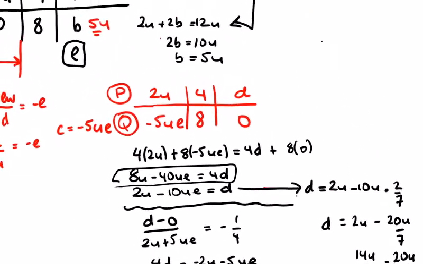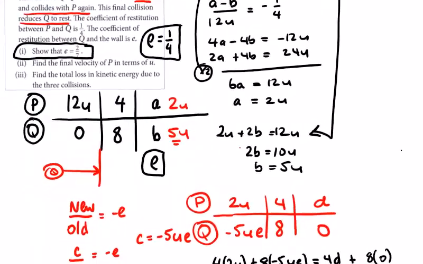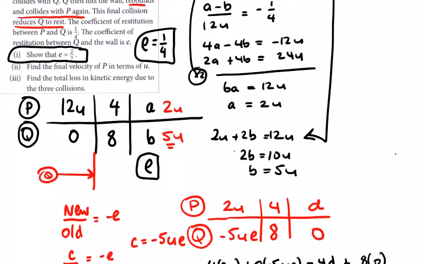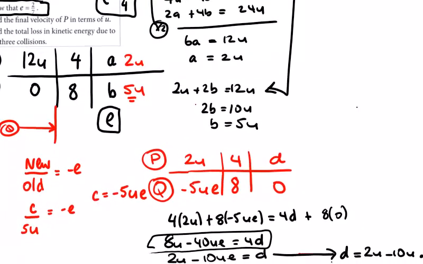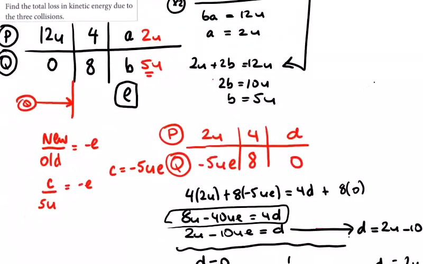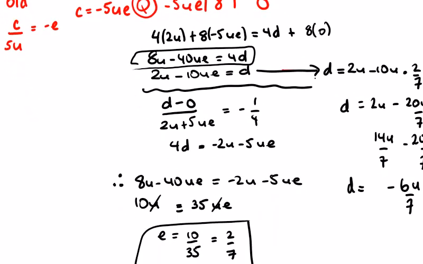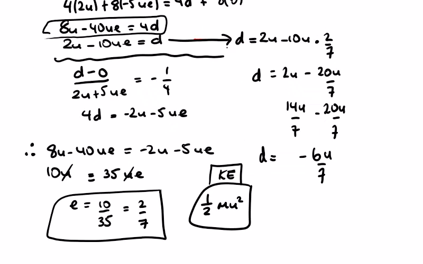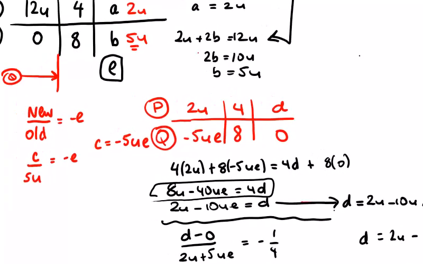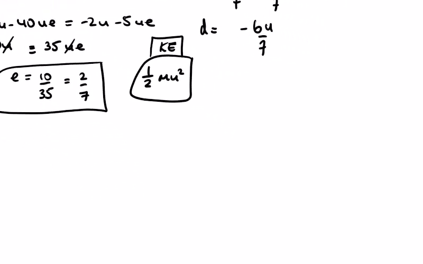And then we were asked the total loss in kinetic energy due to the 3 collisions. So we look at P. We have 12u, 2u, and this minus 6u over 7. We're just looking at the start of that. The 12u is what it started at, and then I end up with minus 6u over 7.